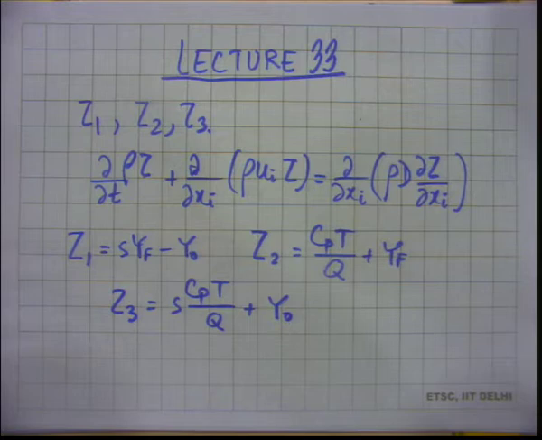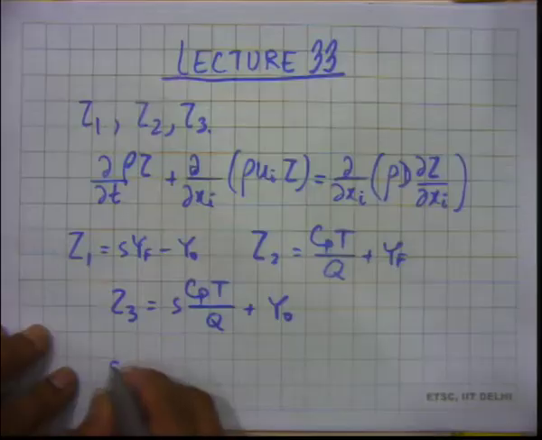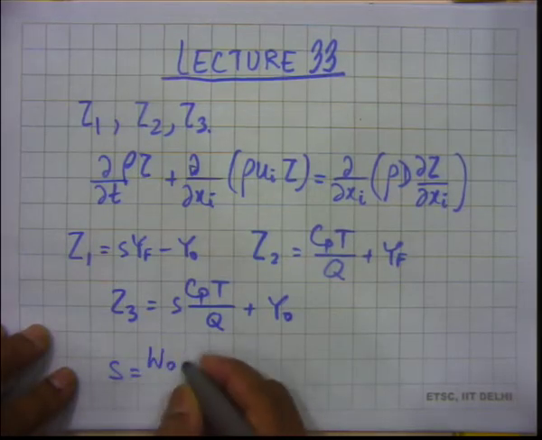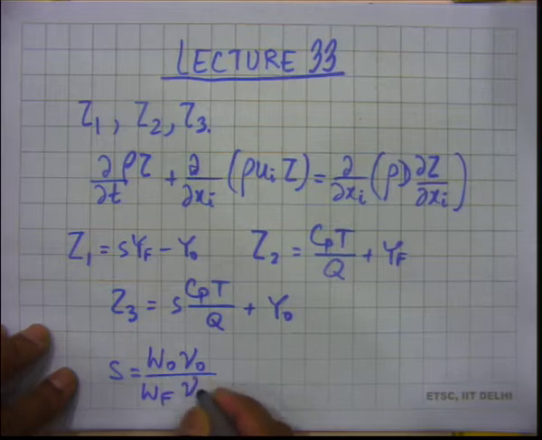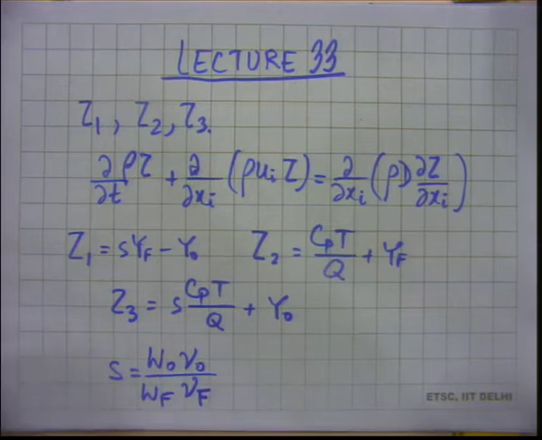So what was the relation that we used to get S? Okay, so this S is WO nu O divided by WF nu F. So this is the molecular weight of oxidizer multiplied by the stoichiometric coefficient of the oxidizer divided by molecular weight of fuel, stoichiometric coefficient of the fuel.